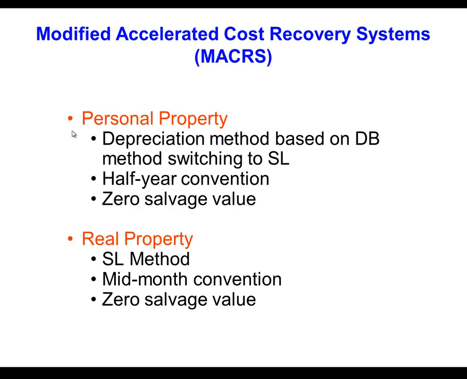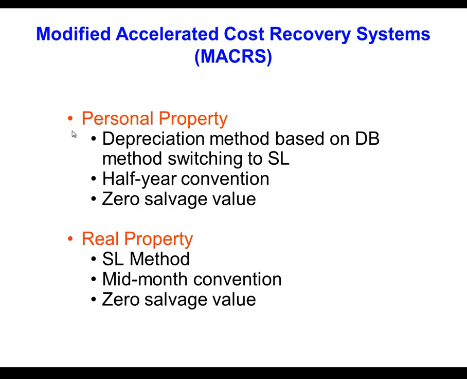For the modified accelerated cost recovery system, the calculation is based on personal property or real property. For the personal property, the depreciation method is based on the declining balance method, and we switch to the straight line. The convention here is using half a year instead of the full year, and at the end the salvage value is 0.